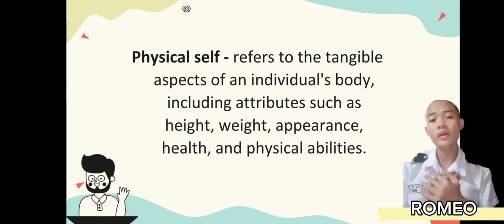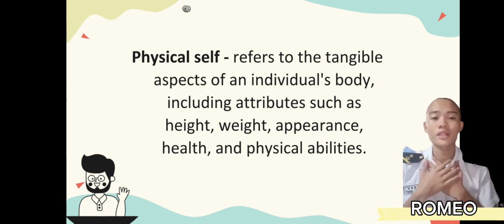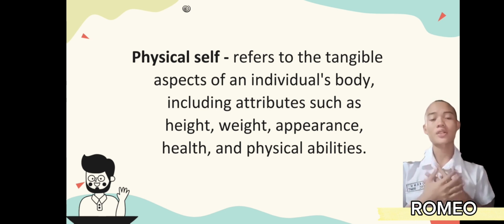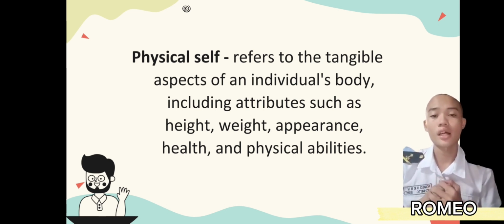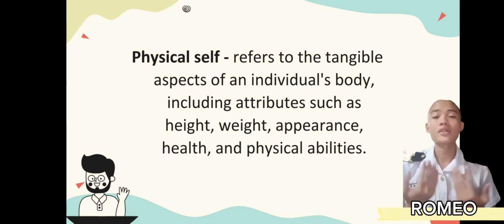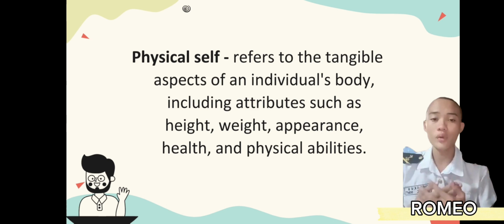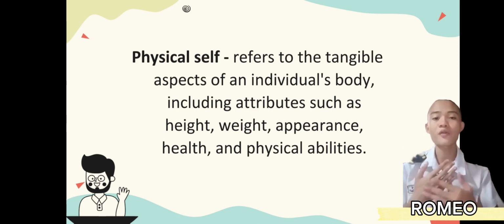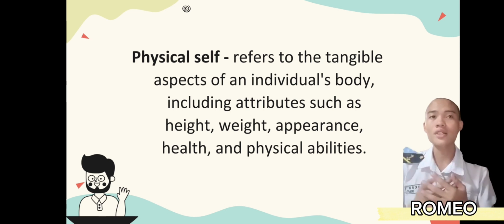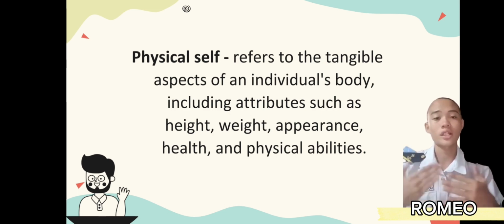So this means that what you see in yourself is different from others, because physical self refers to what you see on the outside, right? Each and every one has different physical attributes or physical self, based on their race, their blood type, and so on. That's why each individual has different looks and everything.